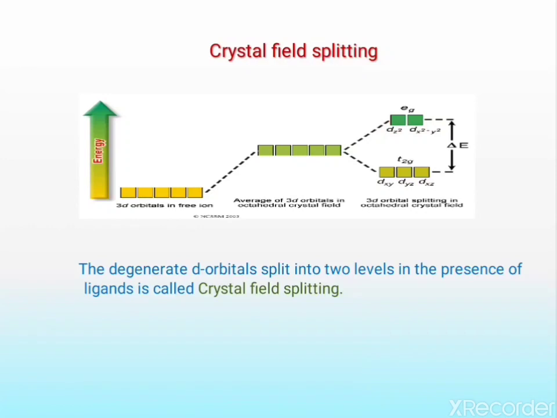This is what we call crystal field splitting. Crystal field splitting is defined as the splitting of the degenerate d orbitals into two levels in the presence of ligands.